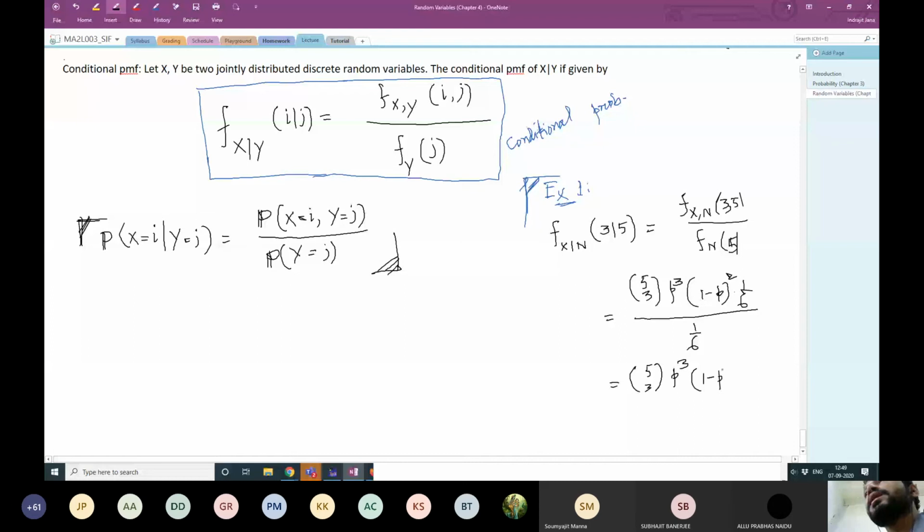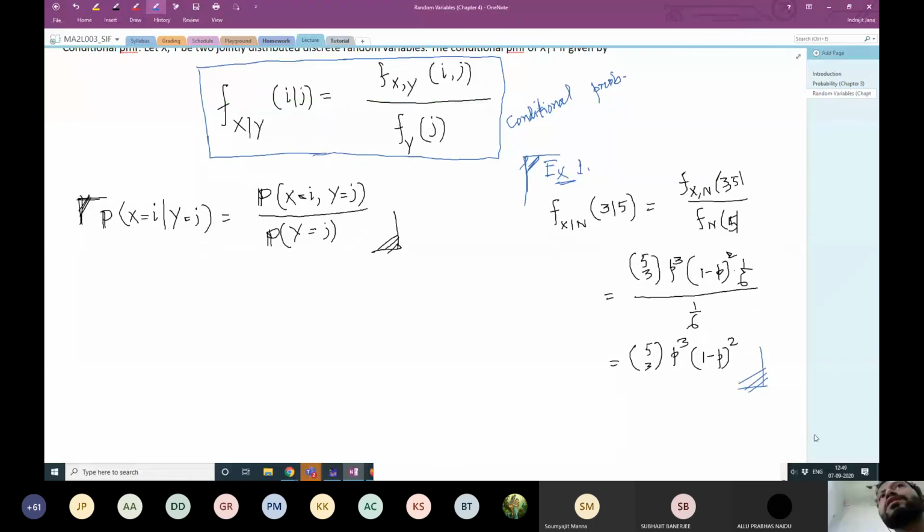Essentially, the question is, if it is given that the outcome of the dice roll is 5, what is the probability that you get 3 heads from the coin toss? So conditional probability mass function is essentially a repackaging of the conditional probability from the week before last.